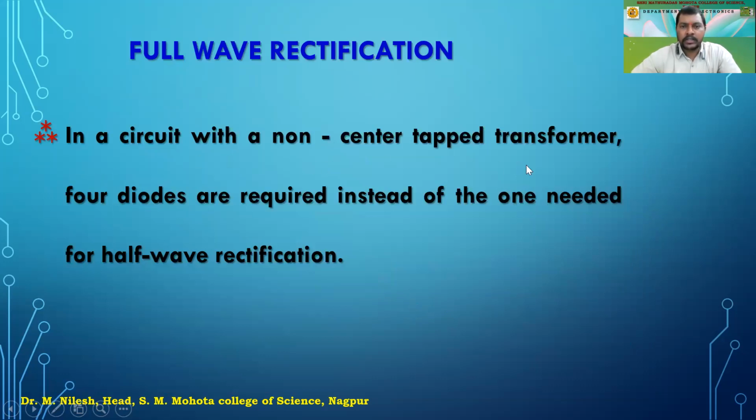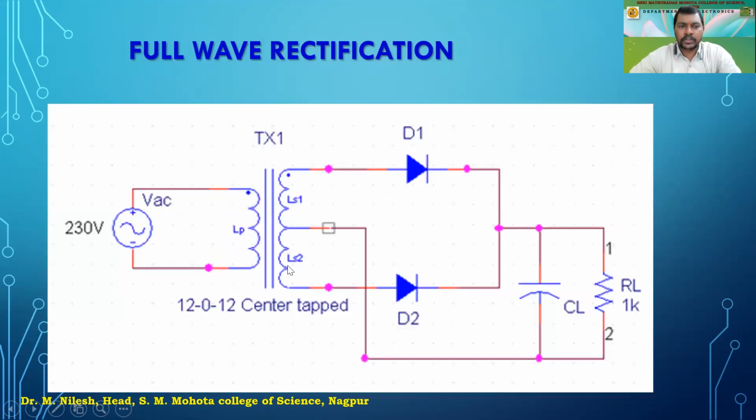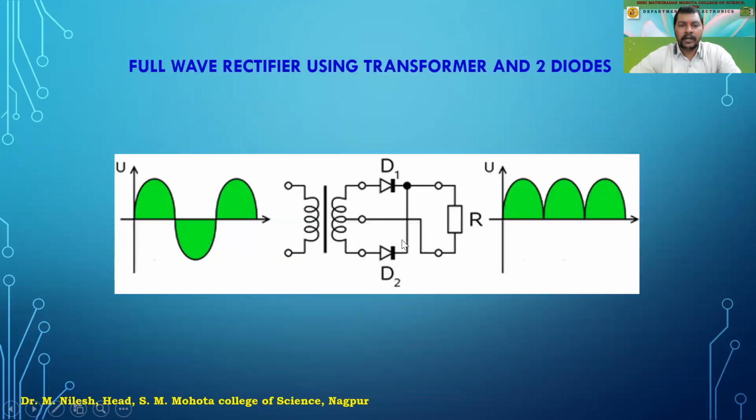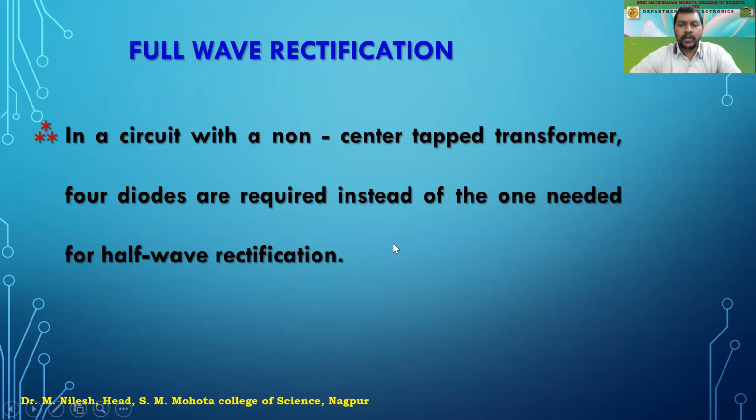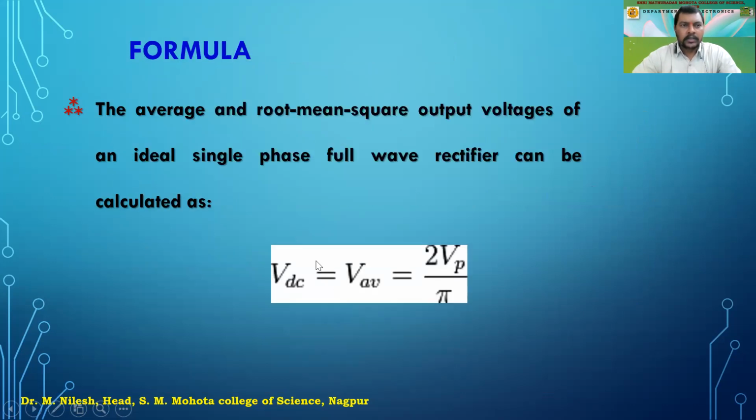In a circuit with a non-center tap transformer, four diodes are required instead of the one needed for half wave rectification. So this is the circuit diagram for the full wave rectifier, and the other half wave rectifier we will look at in another class, right? So this is the formula for the root mean square of the full wave rectifier.